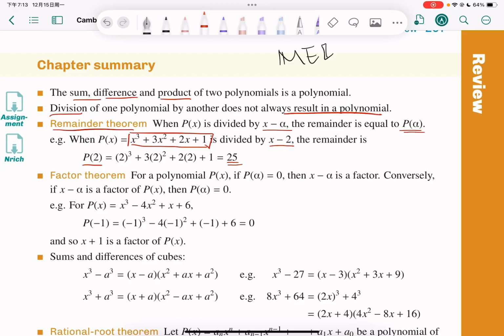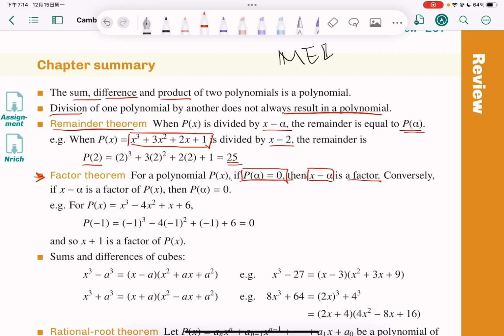And the remainder theorem is somehow related with factor theorem. So what is factor theorem about? For a polynomial p(x), if p(alpha) is 0, then x minus alpha is a factor. Or in other case, we can say if the polynomial divided by this term does not have a remainder, so the remainder is 0, that's p(alpha) is equal to 0.